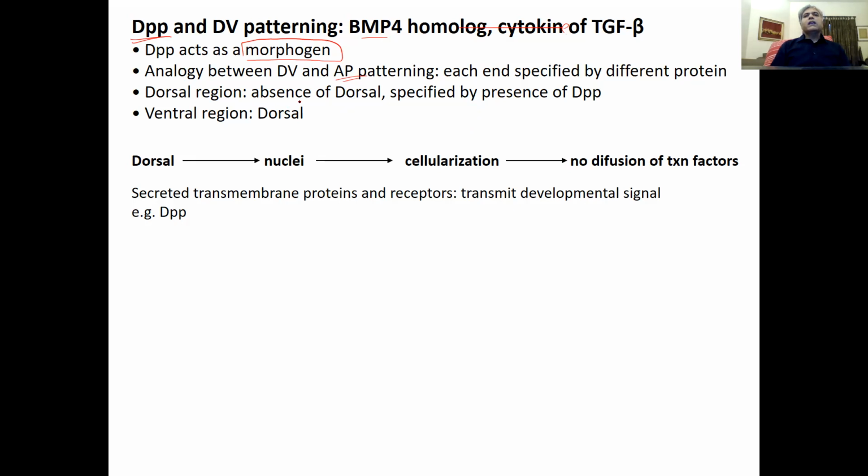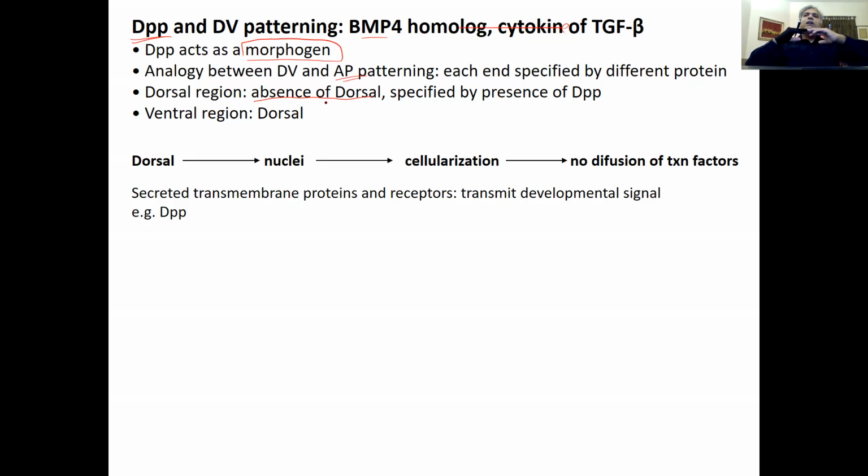If we have absence of dorsal, we become dorsalized. And if we have absence of DPP, we'll have ventralized, because DPP and dorsal kind of antagonize each other.